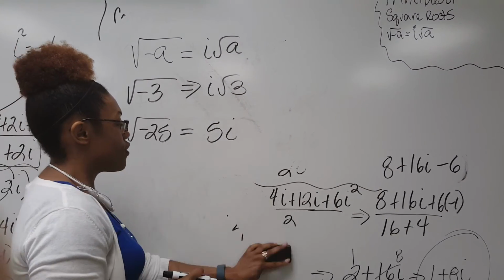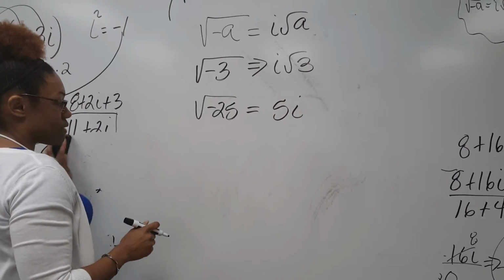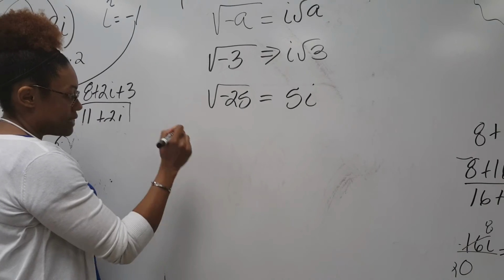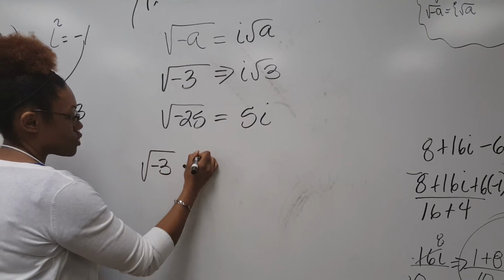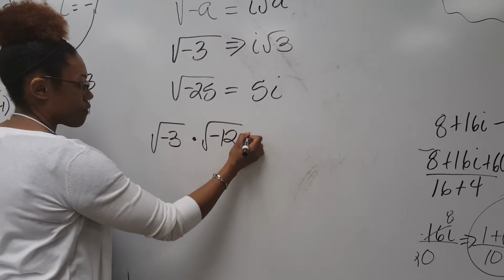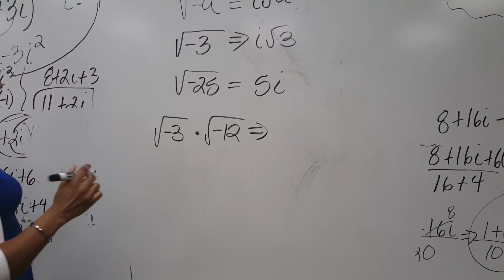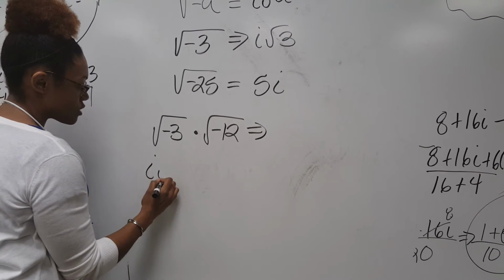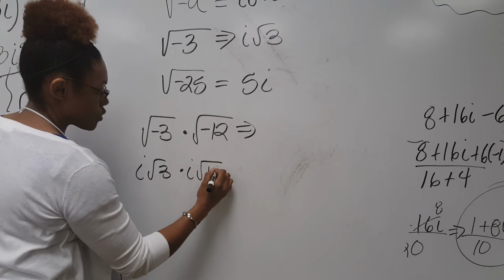So we have a few operations when it comes to principles of square roots. So for instance, if we had the square root of negative 3 times the square root of negative 12, well, first things first, I would get rid of these negative parts. So this would be i square root of 3 times i square root of 12.